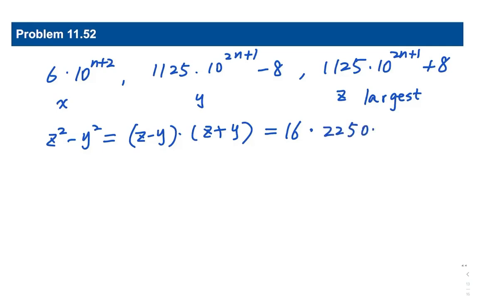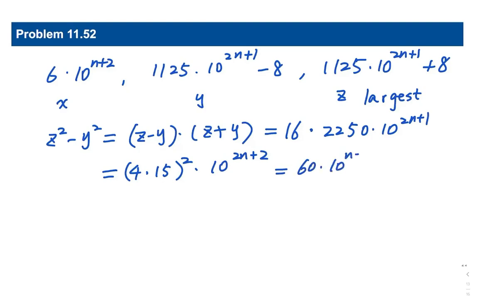2250 times 10 to the power 2n plus 1, which is 4 times 15 squared times 10 to the power 2n plus 2, which is 60 times 10 to the power n plus 1 squared, which is 6 times 10 to the power n plus 2 squared, which is x squared.